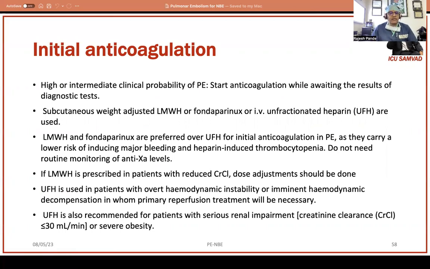Otherwise, LMWH and fondaparinux are preferred because there is a low risk of induced major bleeding and HIT, and we do not need to monitor the anti-Xa levels. If LMWH is prescribed, adjust the dose as per the creatinine clearance. And if creatinine clearance is less than 30, generally, or the patient is severely obese, unfractionated heparin is recommended.